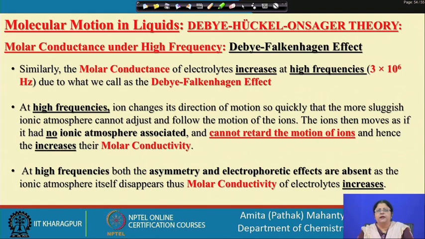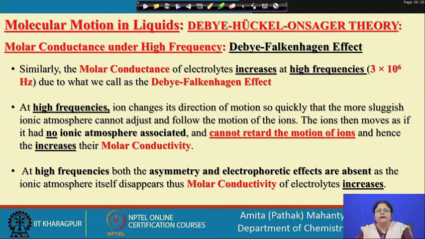And if such an effect is seen, what happens? The motion of the ionic atmosphere gets disturbed. It doesn't get time to form when the clockwise frequency is applied and then the anti-clockwise frequency is applied. If the changes are so fast, then the ions cannot adjust to the changes in the frequencies of the applied field.